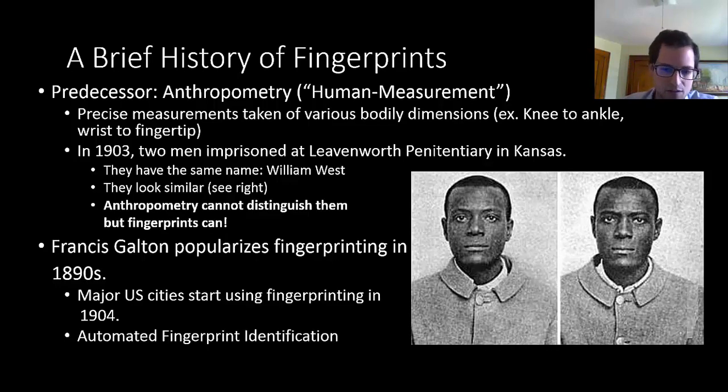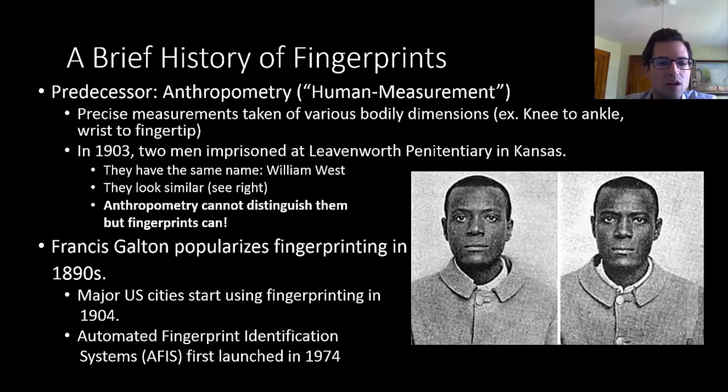Since then, this has been an extremely common and popular tool in forensic science, and we've developed databases here, in particular systems that are called automated fingerprint identification systems, and these were first launched in the 1970s.